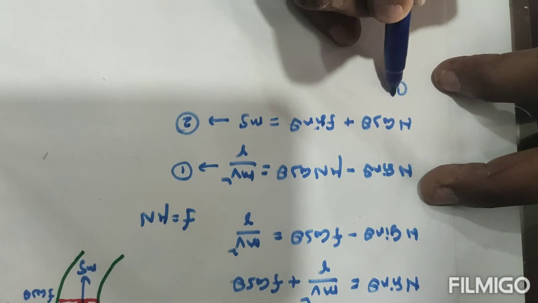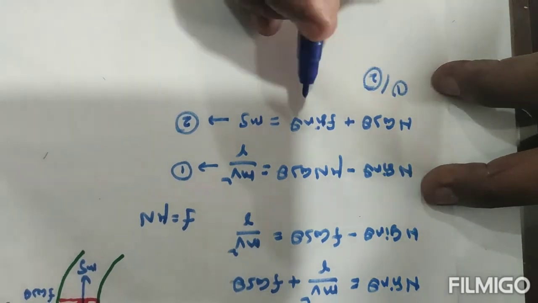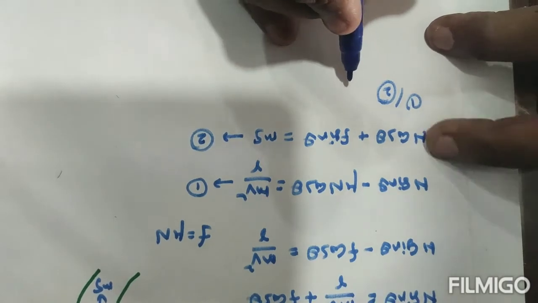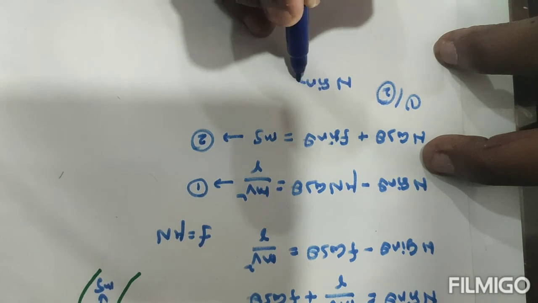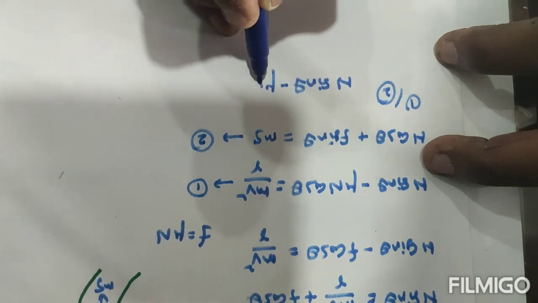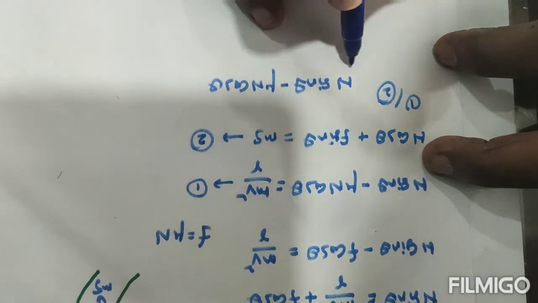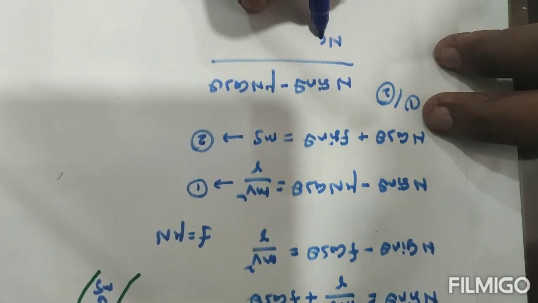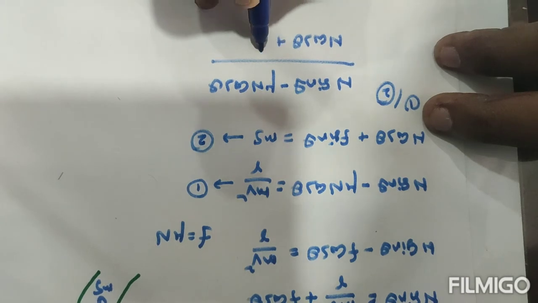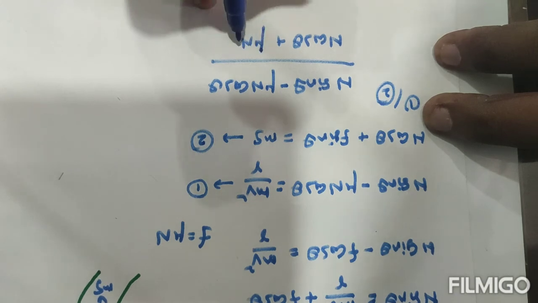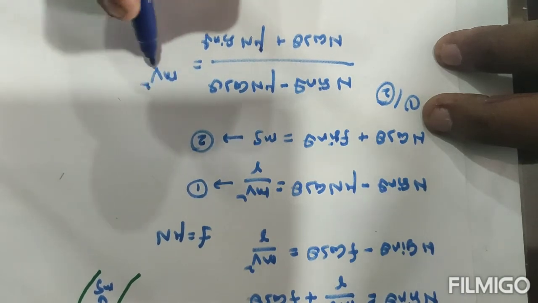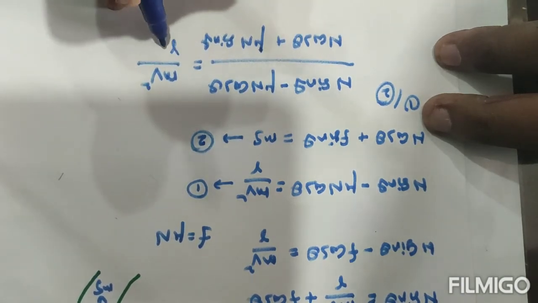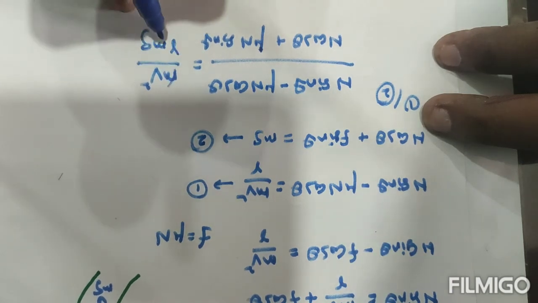Now equation 1 divided by equation number 2. So now I can write N sin theta minus mu N cos theta divided by N cos theta plus f value, we can write that is mu N, so I can write mu N sin theta equal to mv squared divided by r, then this value here mg, m value cancels.